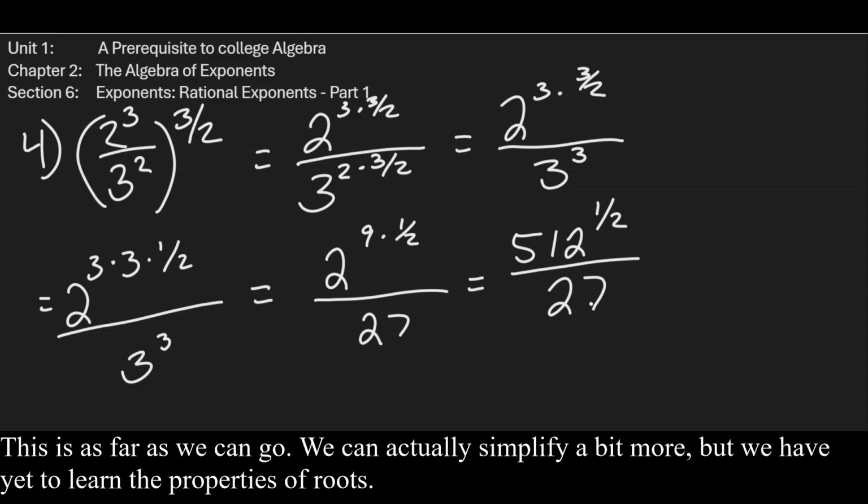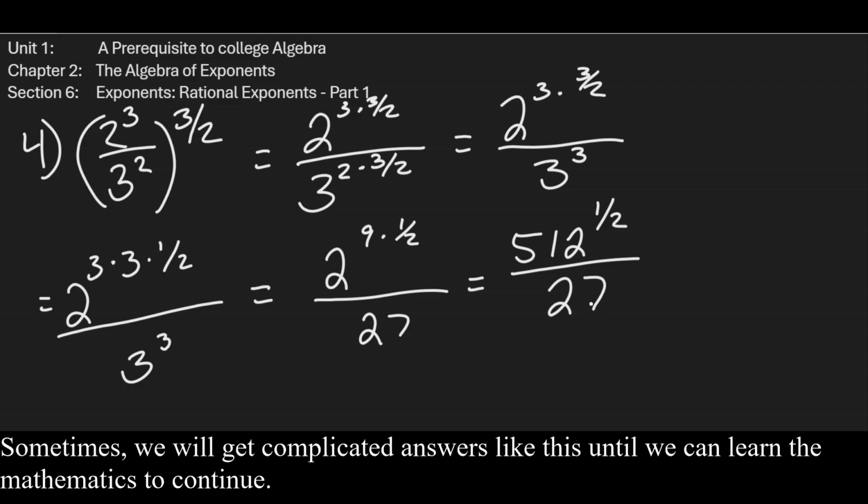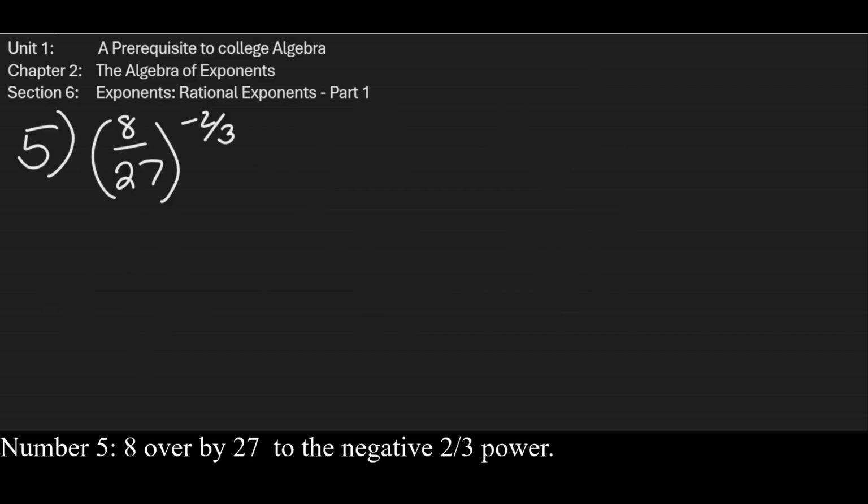This is as far as we can go. We can simplify a bit more, but we have yet to learn the properties of roots. Sometimes we will get complicated answers like this until we can learn the mathematics to continue.